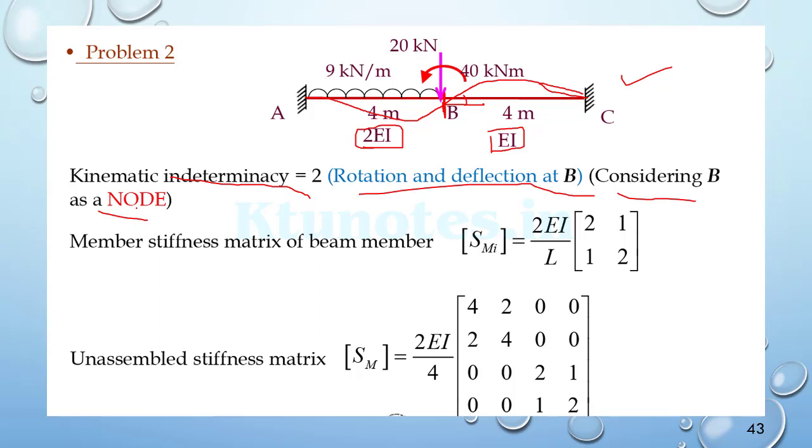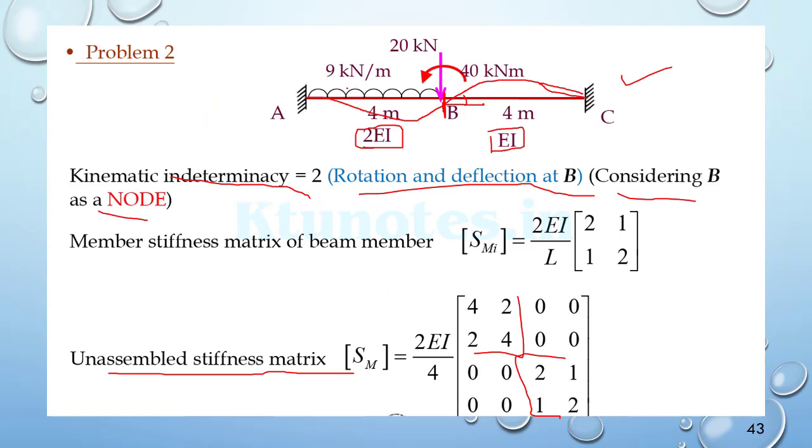The member stiffness matrix, we have already discussed, that is SMi is equal to 2EI by L into [2 1; 1 2], and the unassembled stiffness matrix SM is equal to 2EI by L into the matrix, this is for the beam portion AB and this is for the beam portion BC. In a similar way, we are finding the fixed end moments.